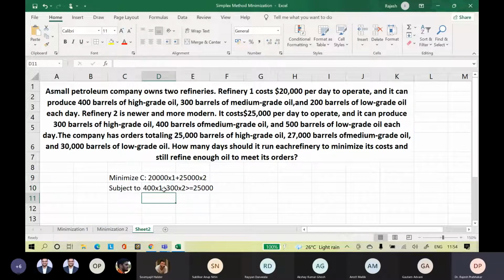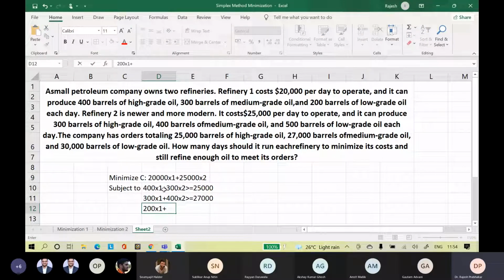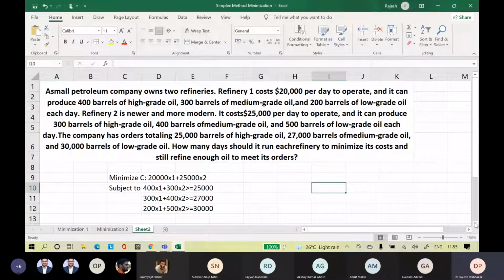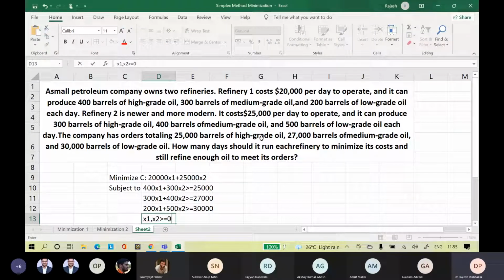Then medium grade, 300 x1 plus 400 x2 greater than or equal to 27,000 barrels. Similarly, low grade, 200 x1 plus 500 x2, and the third is 30,000 barrels. So this is the minimization function, keeping x1, x2 greater than or equal to 0.